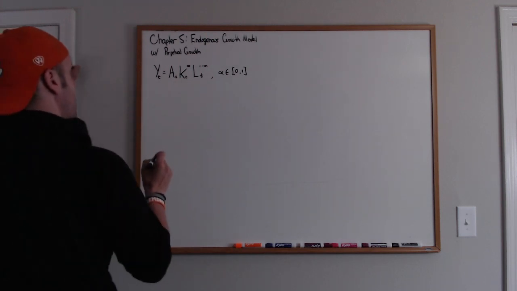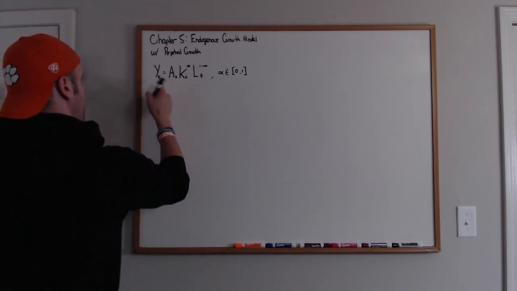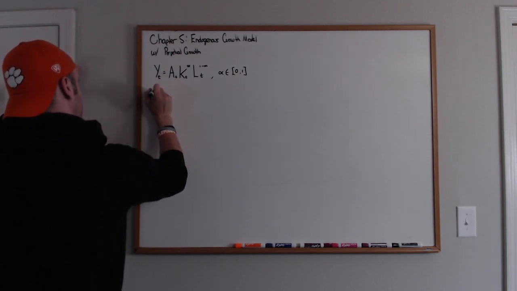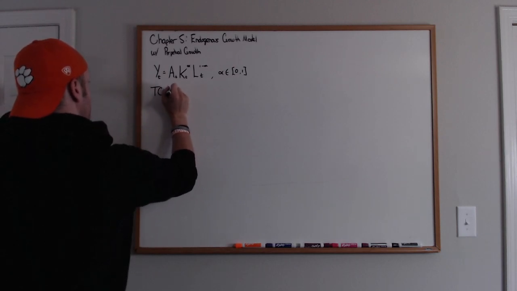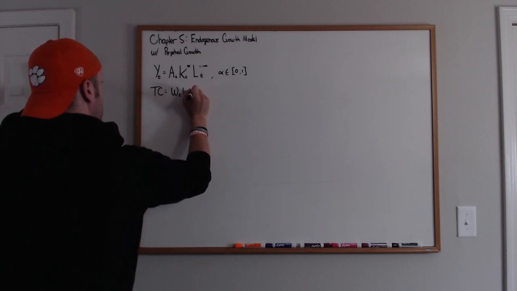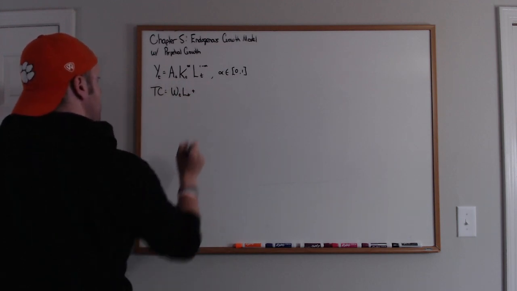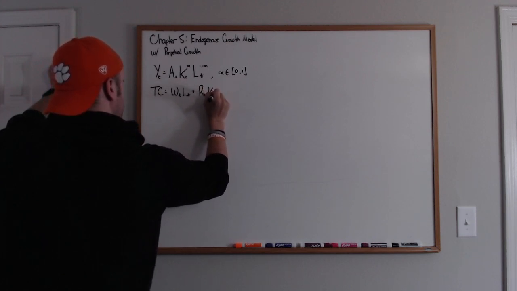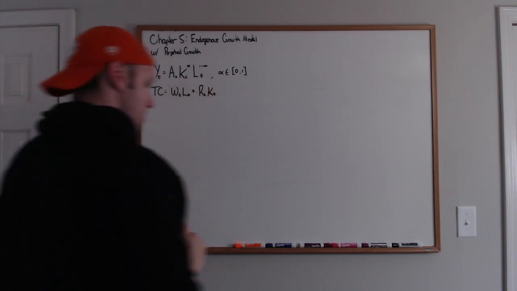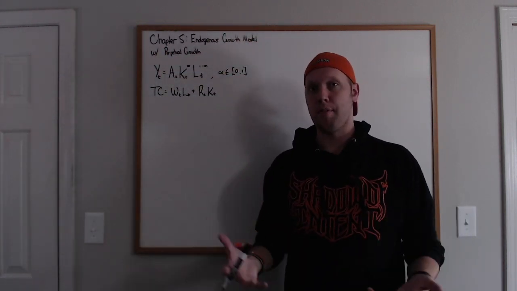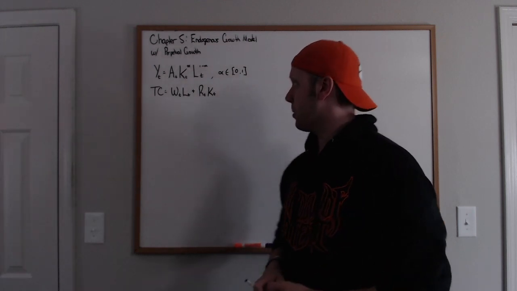But let's say the firm has this production, this is their output, right? And then we can say their total costs are the nominal wage rate times the amount of labor that's used, plus the nominal interest rate times the rental rate of capital. Right, so these are the two things that we would see if we're trying to do a profit maximization problem here.